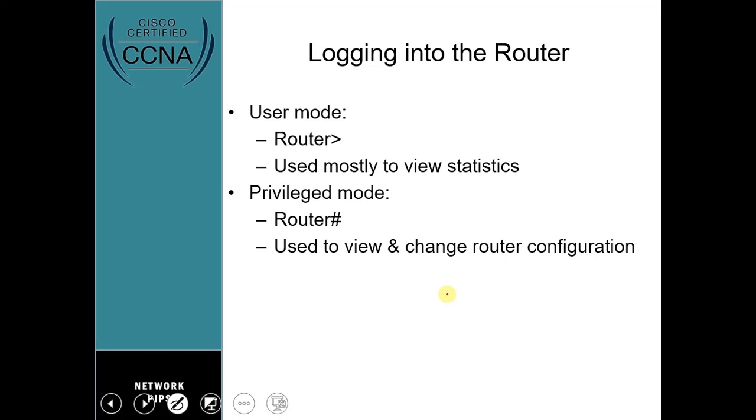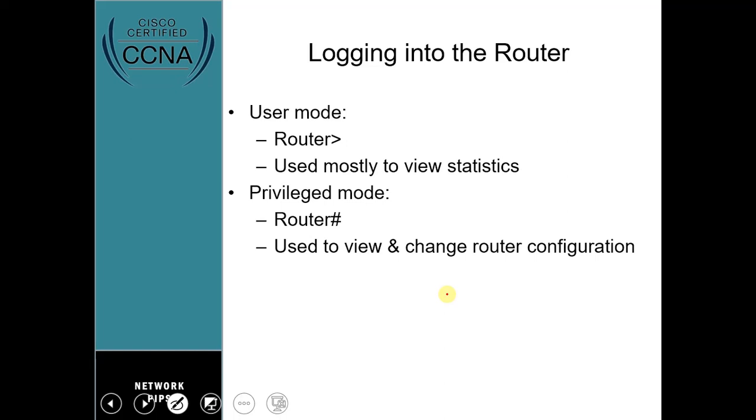Then the next mode you're going to get to is the privilege mode. The privilege mode is the highest level on a Cisco device. You have a privilege level of 15.